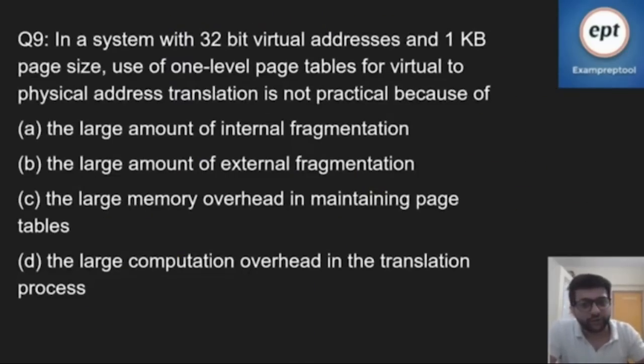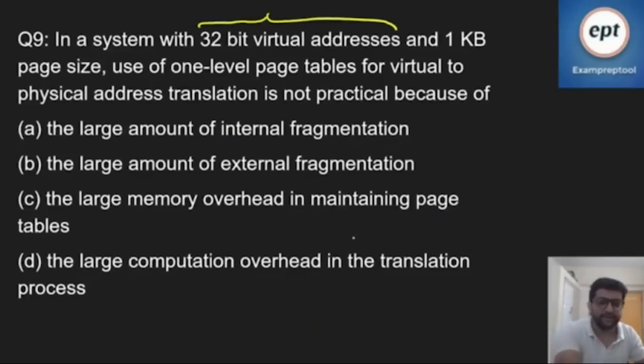So just see the question first before seeing the solution. Just try to solve it on your own. So it has been given that in a system with 32-bit virtual addresses and 1 KB of page size. So let me just write this information.